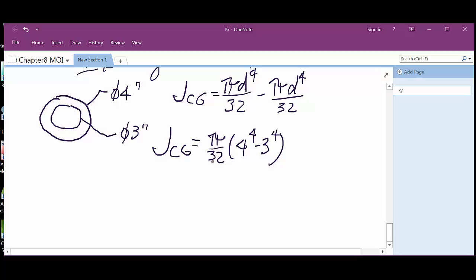Cubed would be 3, wouldn't it? Okay? Punch that into your calculator and you should end up with 17.18 inches to the fourth, right?